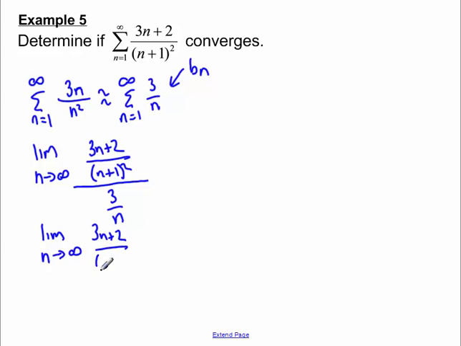You're going to be getting used to doing this type of thing a whole lot because a couple of our tests all have this same idea. Again, if I were to multiply out the top, I would get a 3n squared. Multiply at the bottom, we'd also get a 3n squared. So this goes to a value of 3n squared over 3n squared. As n goes to infinity, this is going to 1. So again, we're going to some value. We're not going to 0, we're not going to infinity.